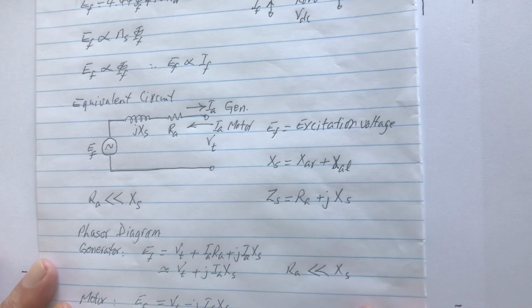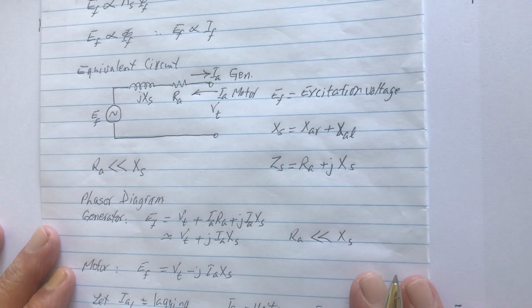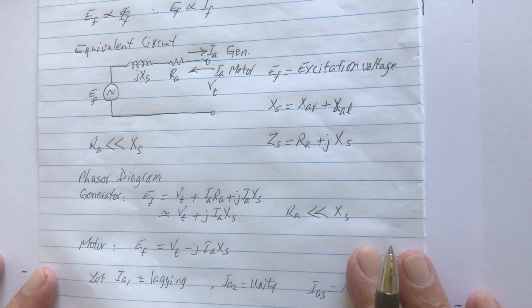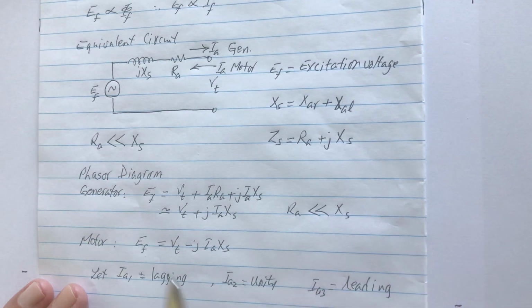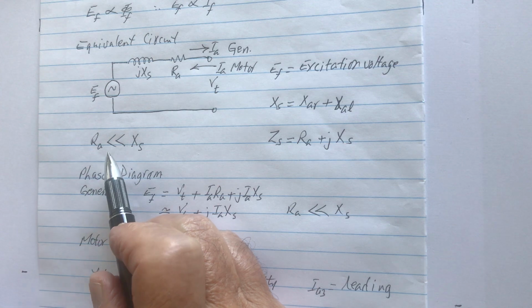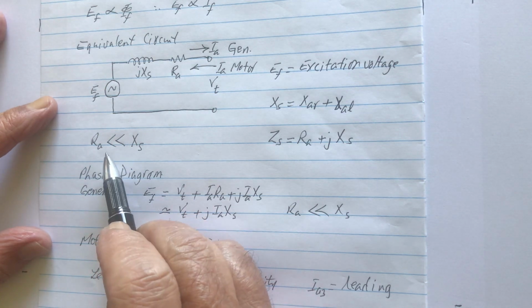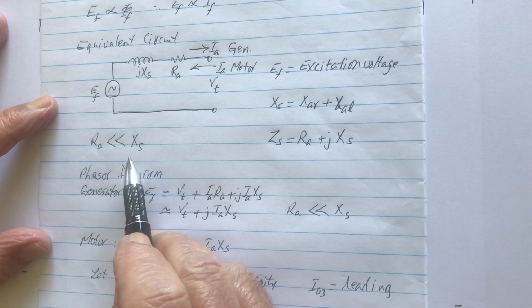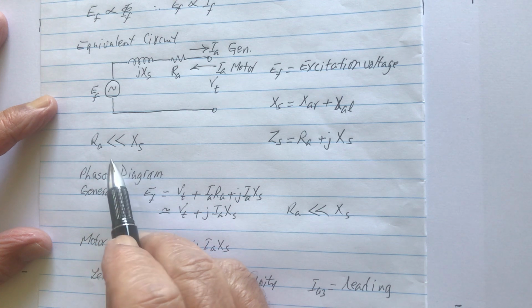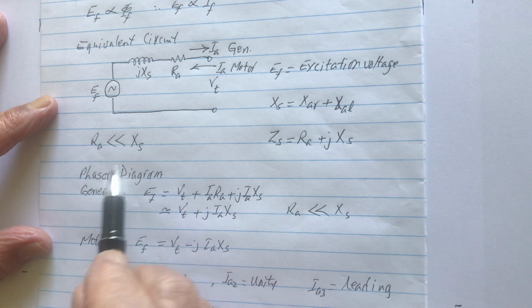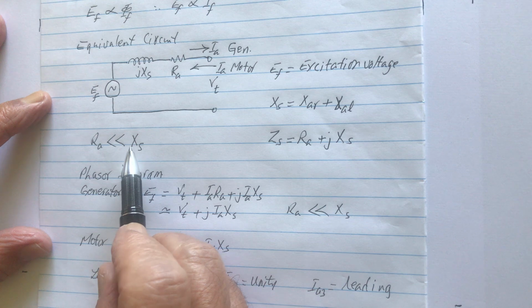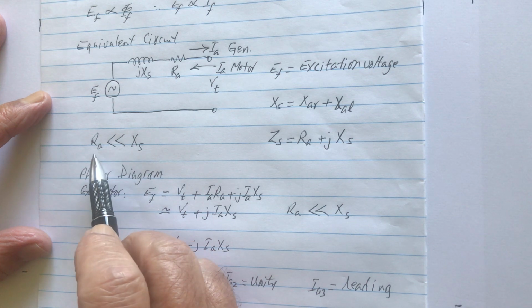Now, if we come to the values of these parameters, normally for small machines, RA is always less than XS. Now, we talk about orders of magnitude. XS for small machines is about 10 times RA.